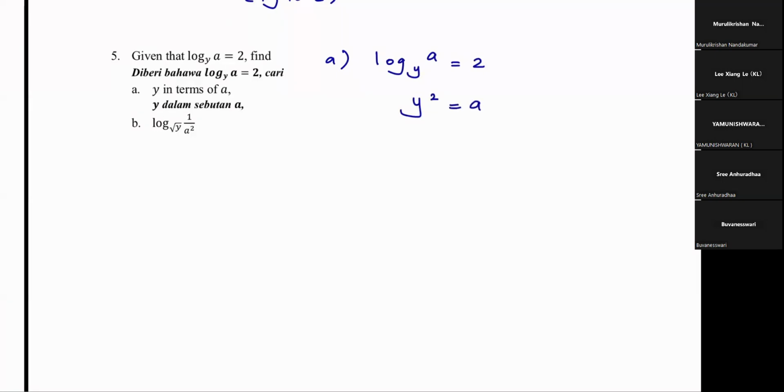Nampak kan? Tapi dia minta express, y in terms of a. So y, dan faham tak? Okay, good. Thank you. B, we go for B.